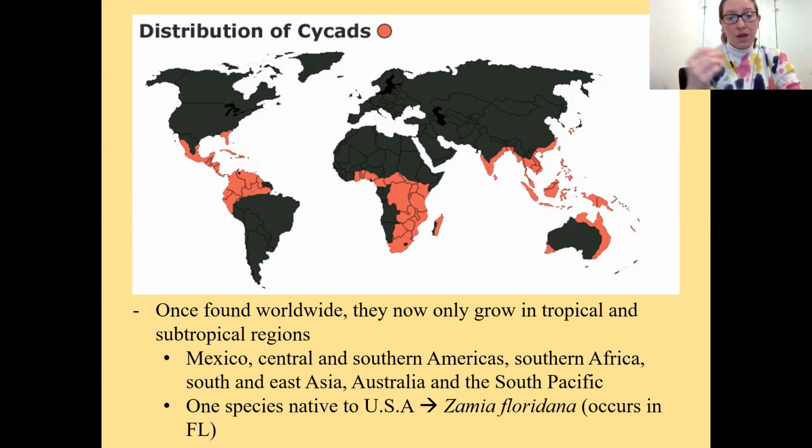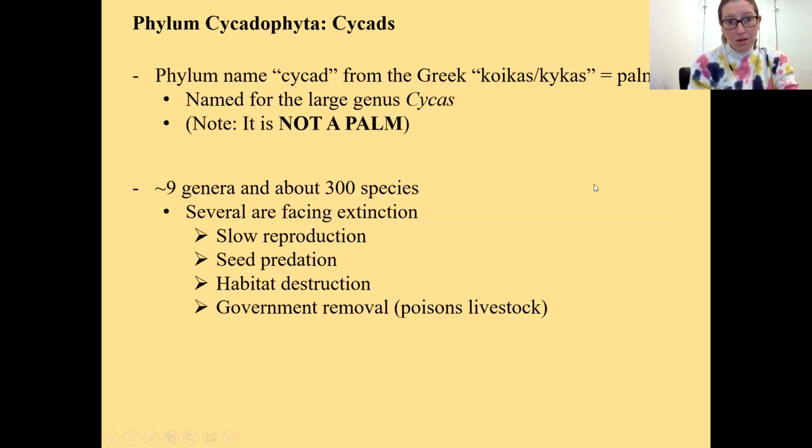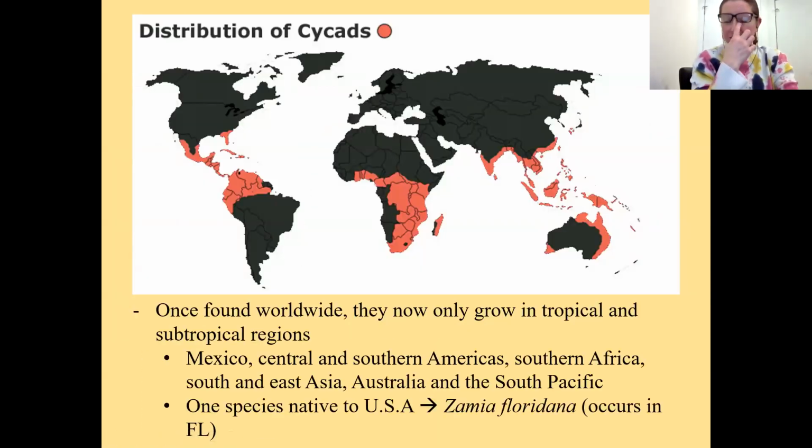The words native and non-native or exotic mean different things in different countries, and it always deals with the history of that country. Look at what I've just shown you: cycads used to occur worldwide. So cycads used to be, quote unquote, native in lots of places.